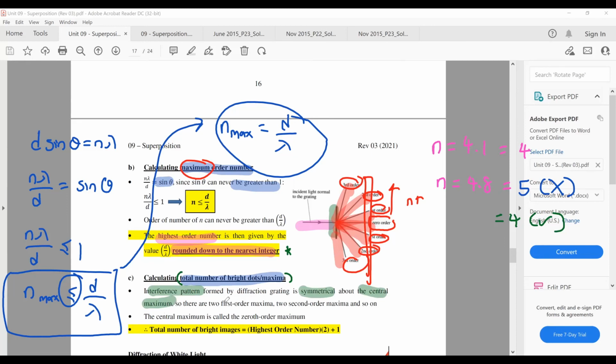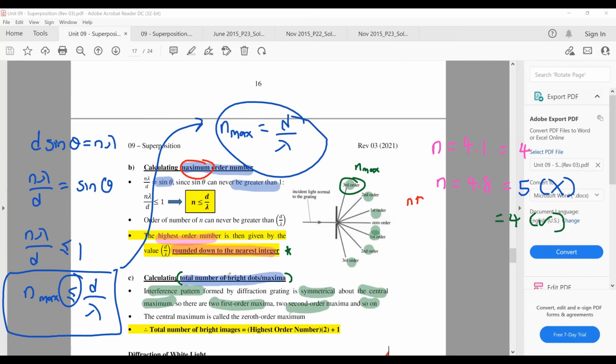So meaning to say, normally you have 2 first order maxima, 2 second order maxima, and so on. You can actually see over here. Okay, you have 1, 2, 3. You also have 1, 2, 3. Okay, so you see this one here, third order is your n max. Okay, let's just say this is your n max right now.